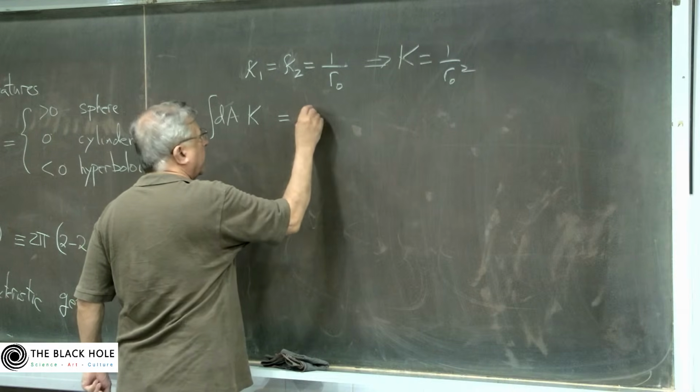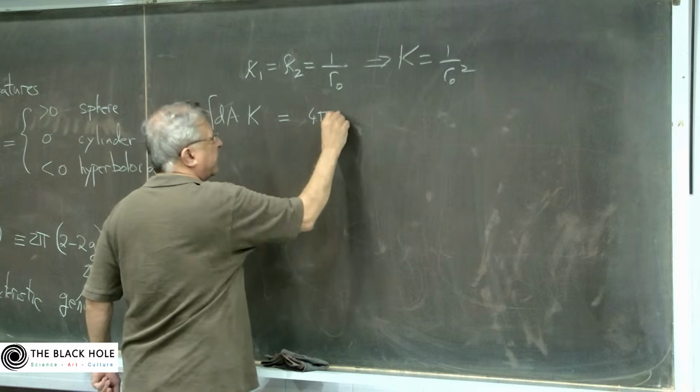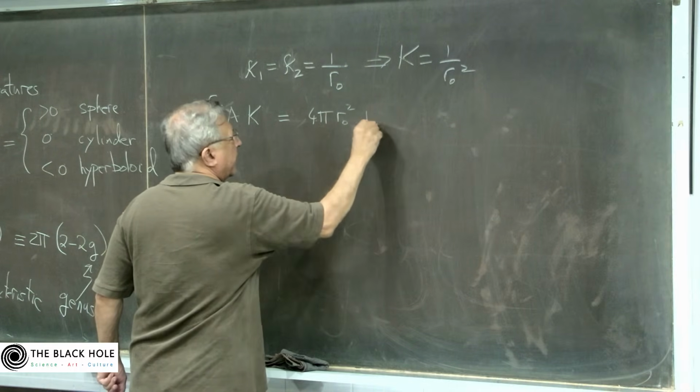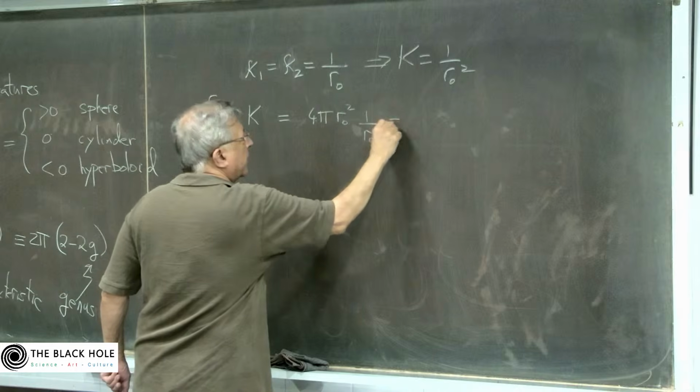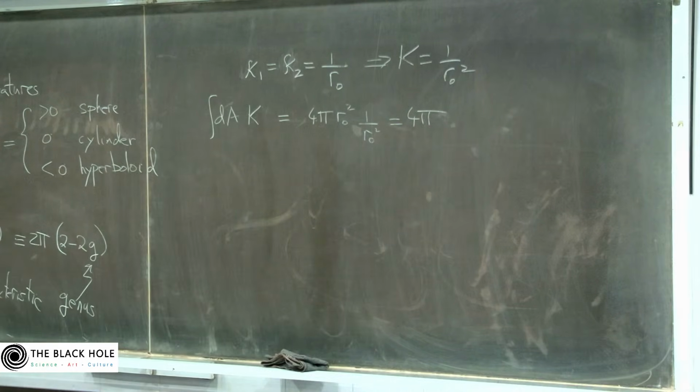So we can write this as area, which is 4 pi R naught squared, times 1 over R naught squared, which is 4 pi. No big deal for a sphere.